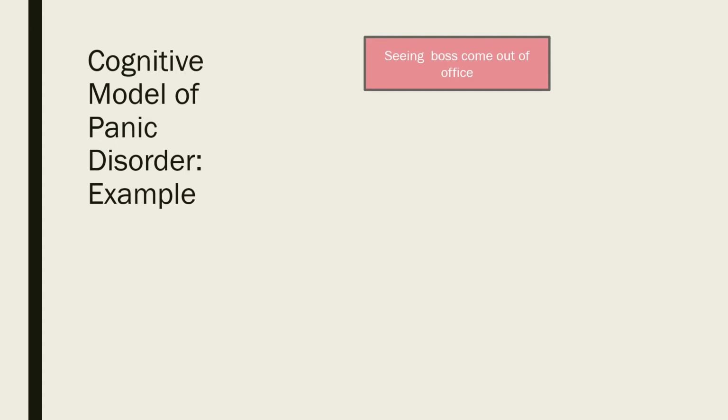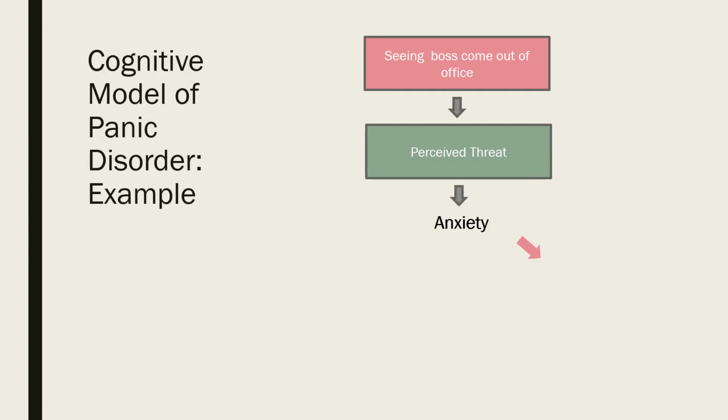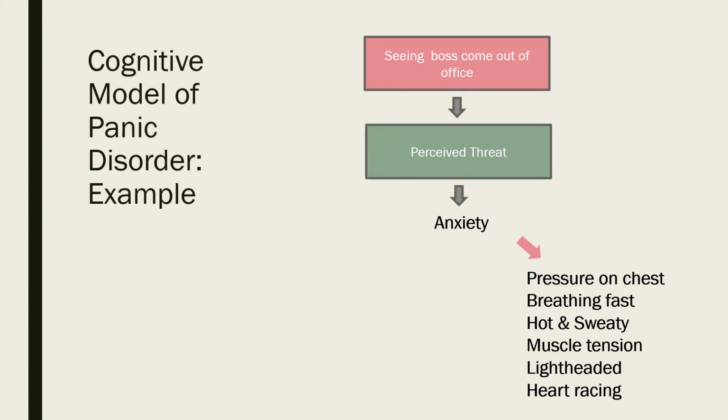So this person is going to interpret the boss coming out of the office as a threat, and then start experiencing anxiety symptoms, some cognitive symptoms as well as physiological symptoms like pressure in chest, breathing fast, getting hot and sweaty, muscle tension, lightheadedness, and heart racing.